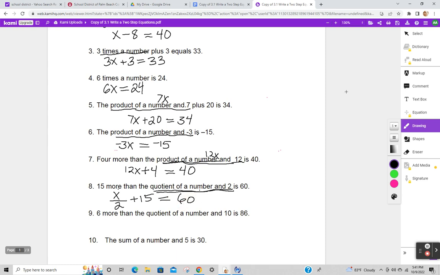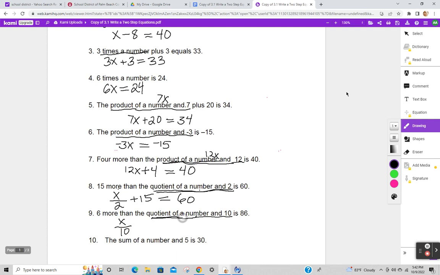All right, number 9, 6 more than the quotient of a number and 10. So we're going to add 6 more to what we already have right here, the quotient of a number and 10. We don't know what that number is, so our numerator is just going to be x, our denominator is going to be 10.